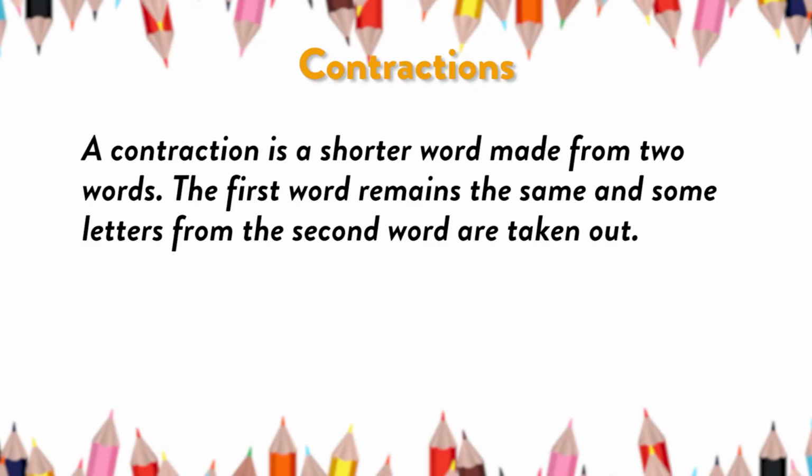So a contraction is a shorter word made from two words. The first word, however, when forming a contraction, remains the same, but for the second word, some of the letters are taken out. For contractions, we use the apostrophe. Do you know or remember what the apostrophe symbol looks like?